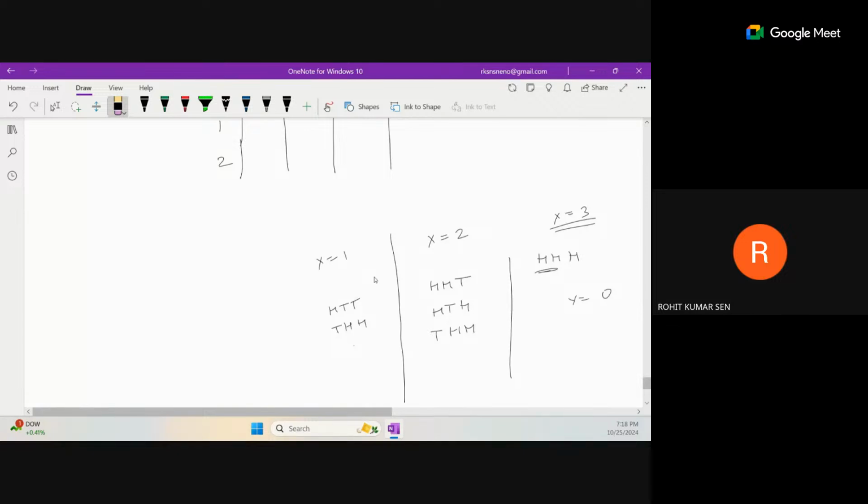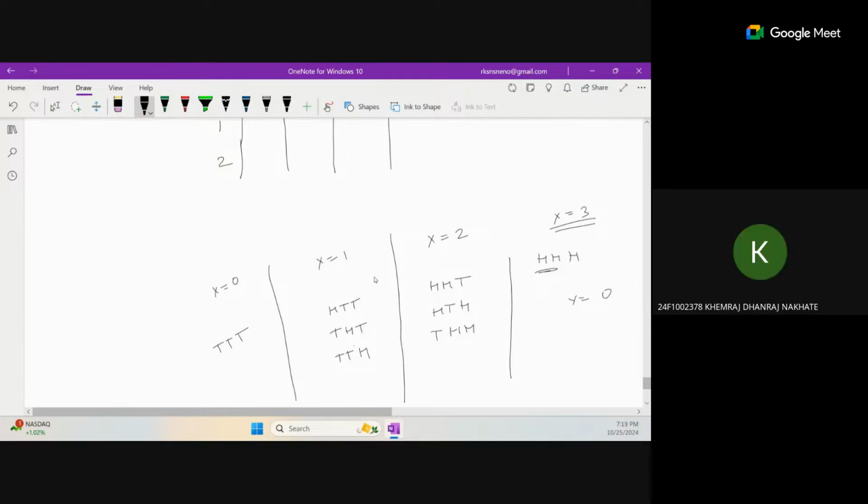Tail, tail, head. Okay. So now I can see my second random variable Y. Now let's solve for X = 0, which means no head.